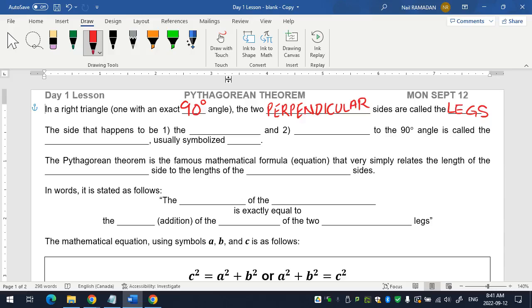The reason it's called the legs is because if you take any right triangle, and by the way, how many kinds of right triangles are in any geometry kit? They're very special. There's this one, and this one, and this one.